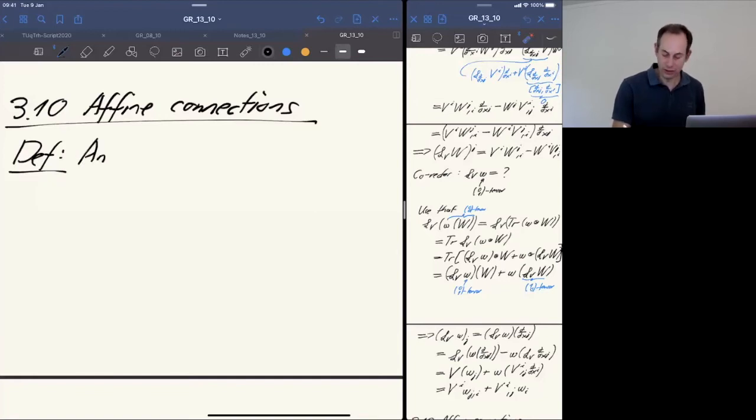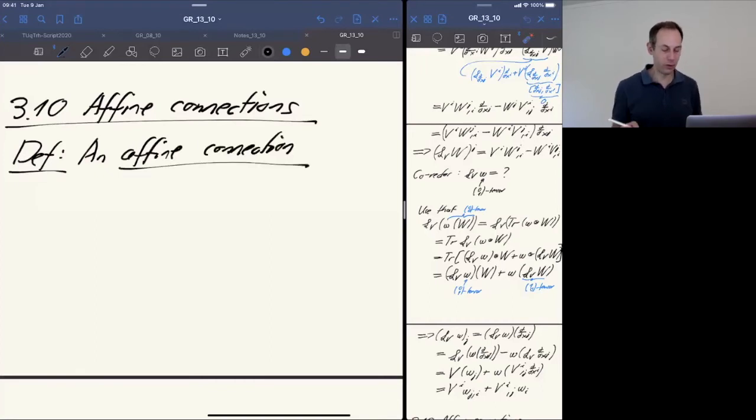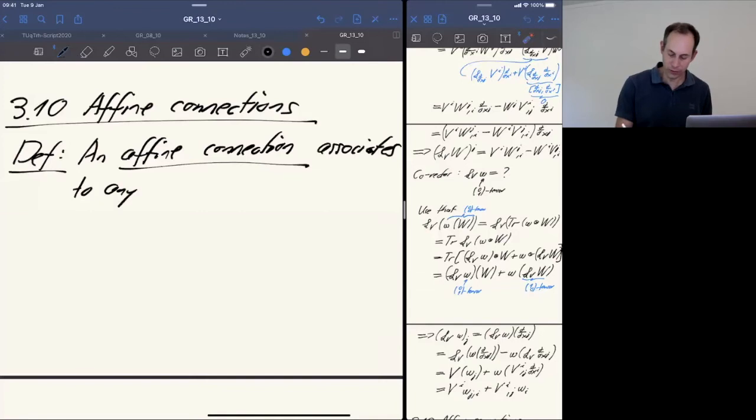Definition: an affine connection, or sometimes just called a connection, associates to any curve gamma on M a family of maps.